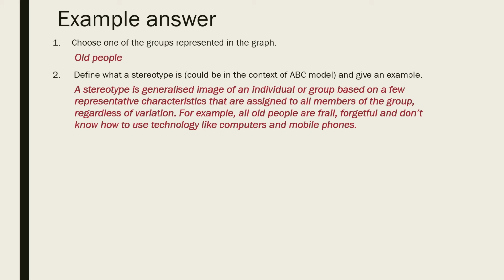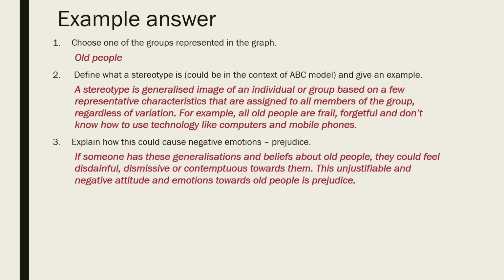For example, all old people are stereotyped to be frail, forgetful, and not know how to use technology like computers and mobile phones. We can link this to prejudice by saying if someone has these generalizations and beliefs about old people, they could feel disdainful, dismissive, or contemptuous towards them. This unjustifiable and negative attitude and emotions towards old people is prejudice.